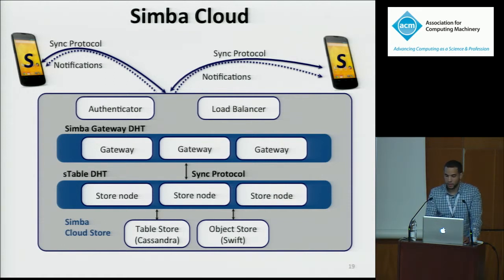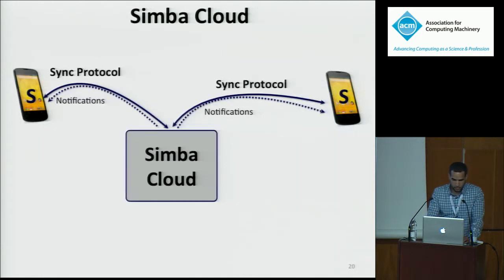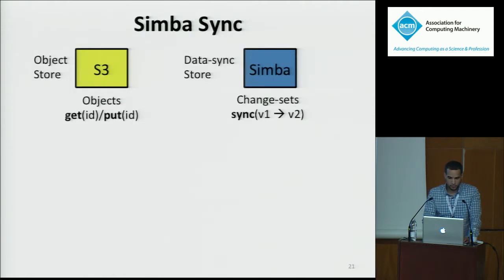But our design is amenable to other existing or custom solutions for these backend stores. Of course, there are many details that I could talk about on how we design the cloud store, but I'm going to focus on the part which I think is most interesting, and that's the sync protocol, because it's what differentiates Simba from other data stores.